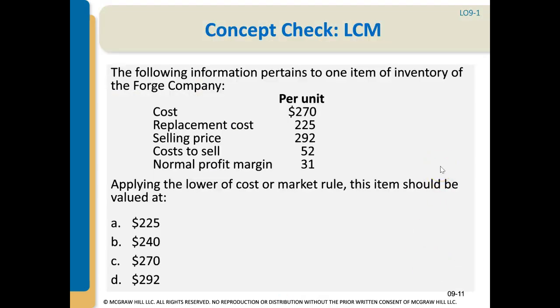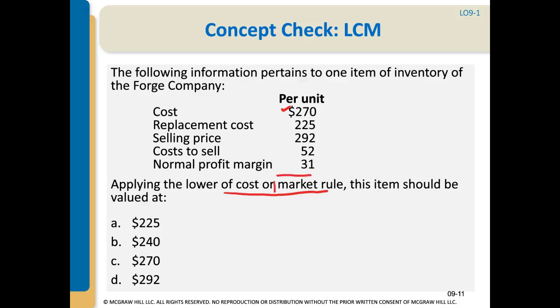Okay, there we go. The following information pertains to one item of inventory for the Forge company. And we're given these different pieces of information. And it says we have to apply the lower of cost or market rule to determine what this item should be valued at on our balance sheet. So for the lower of cost or market, we need our cost, which we're given as $270.